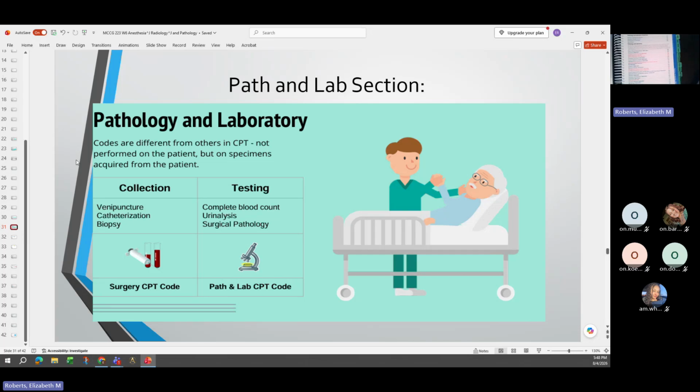That's kind of what it says here. Codes are different from others in the CPT code book. They're not performed on the patient, but on specimens acquired from the patient. Here on the left-hand side of the screen, it talks about collection, venipuncture, catheterization, and biopsy. Those are going to be reported by the surgery CPT code. Venipuncture is technically a surgical procedure. The code for that is 36415.